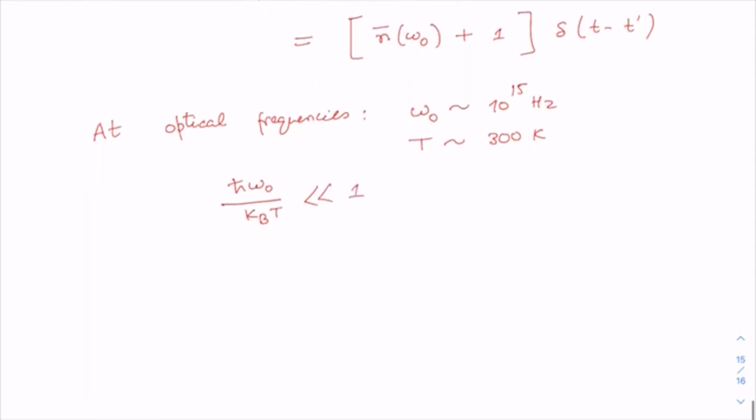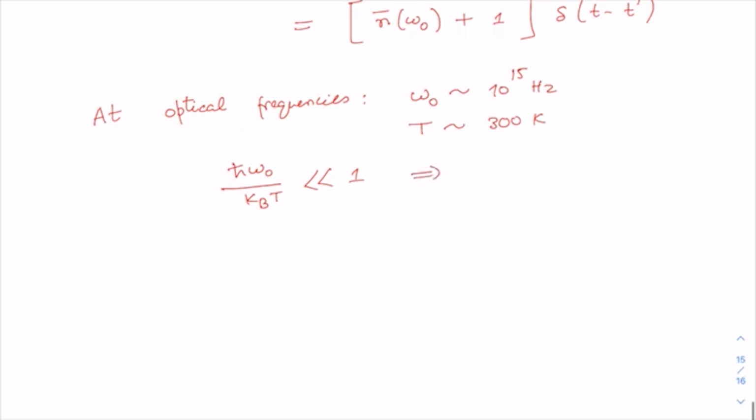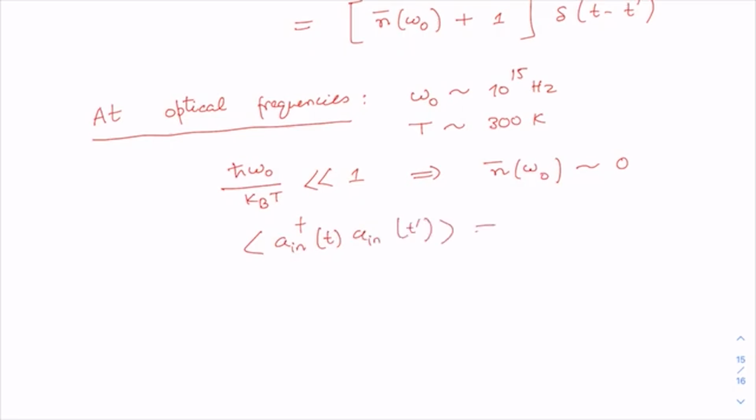That means kBT is much higher than h cross omega 0, and this implies that the average number of optical photons would be nearly 0. And in that case, at optical frequencies, the autocorrelation of A in dagger T, A in T dash will give us 0. On the other hand, the other one, A in T, A in dagger T dash, would be this delta function, delta T minus T dash.